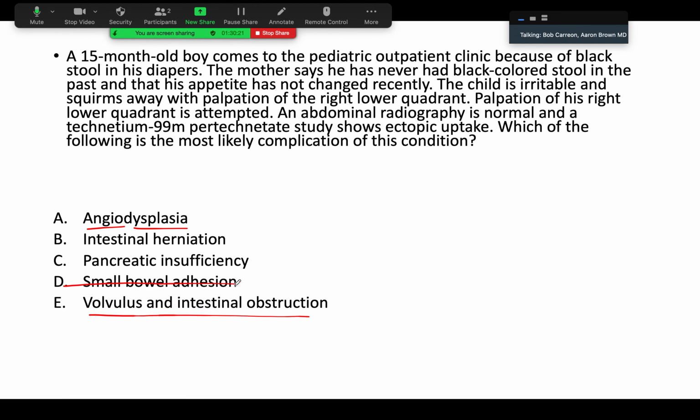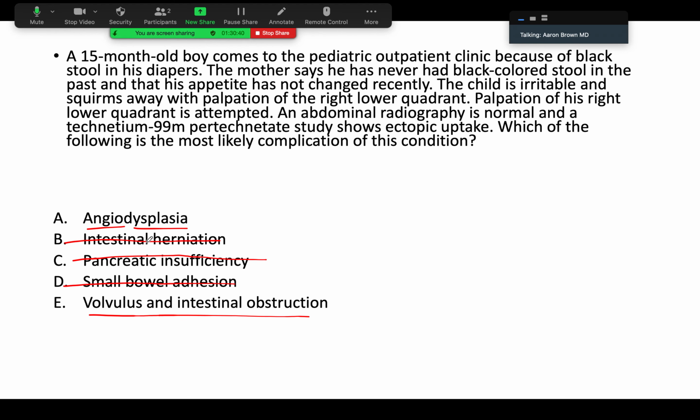Adhesions don't really make sense. Adhesions are more common in patients that have surgery. Pancreatic insufficiency doesn't make sense at all. There we would see something like steatorrhea. Intestinal herniation, I guess this one could be a potential answer here.